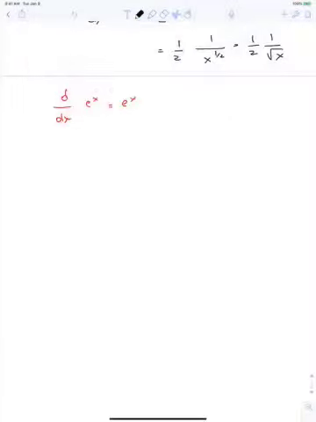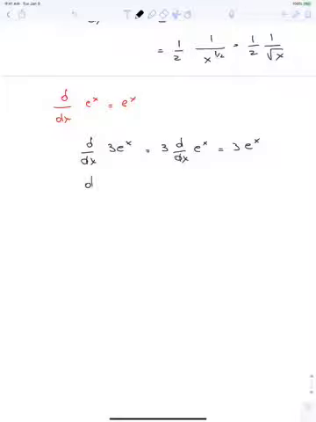We study functions of functions. So for example, if we have the derivative of 3e power x, we're just going to use the rule of the product of a function with a constant. So this is 3 times the derivative of e power x, which is 3 times e power x.